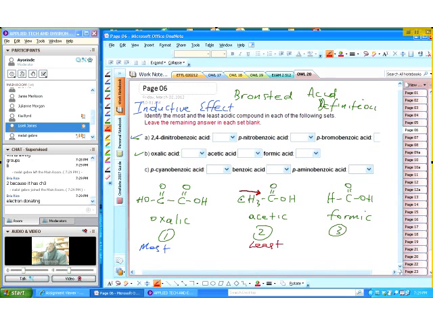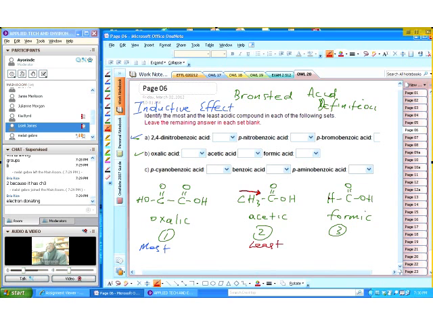So because this carbon is attached to 3 hydrogen atoms, it will be pushing electron toward the carboxyl group, and of course destabilizing the conjugate base, which will be here. So because of this alkyl group, specifically this methyl group, it will destabilize the conjugate base. So therefore, this will be the least acidic.